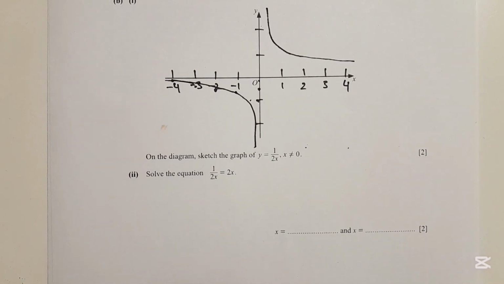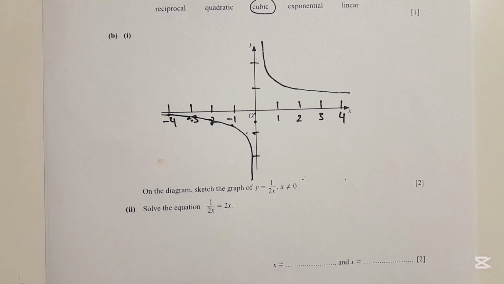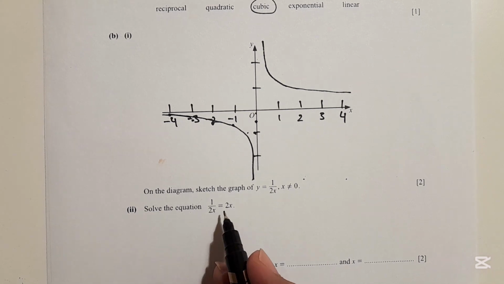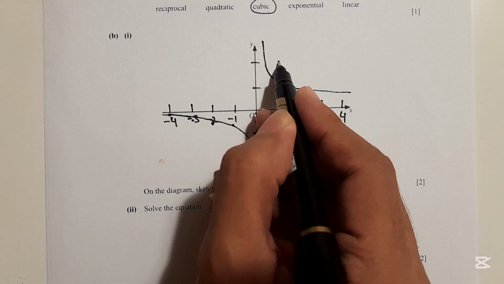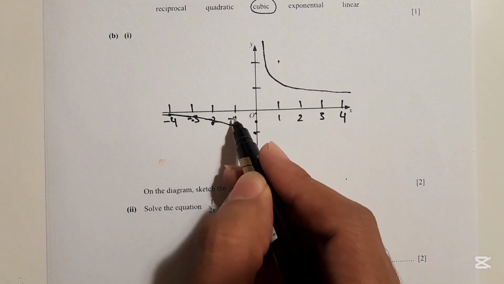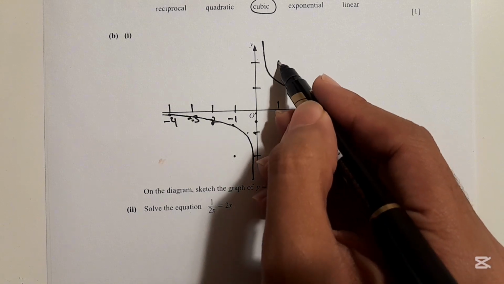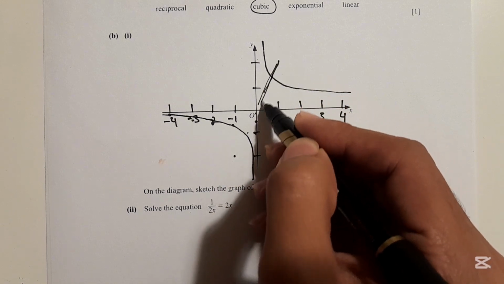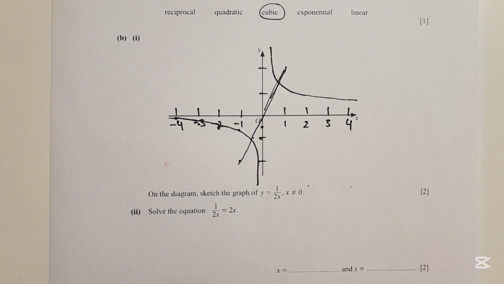Part 2 states solve the equation 1 over 2x is equal to 2x. So what we will do is we will take the value of 2x. So 2 ones are 2, so it will be here. Then 2 times minus 1 is minus 2 like this. So this will be a straight line across.